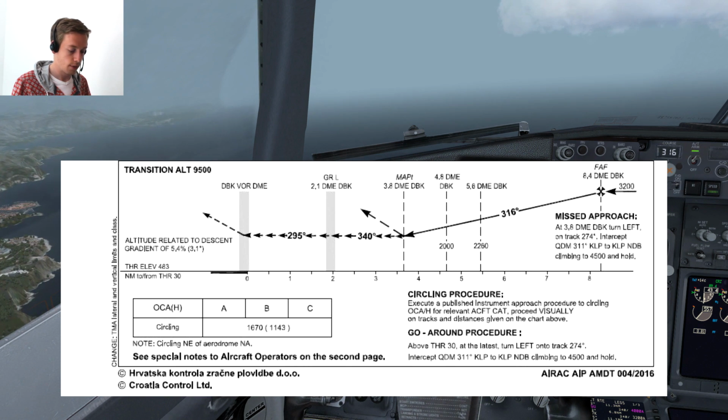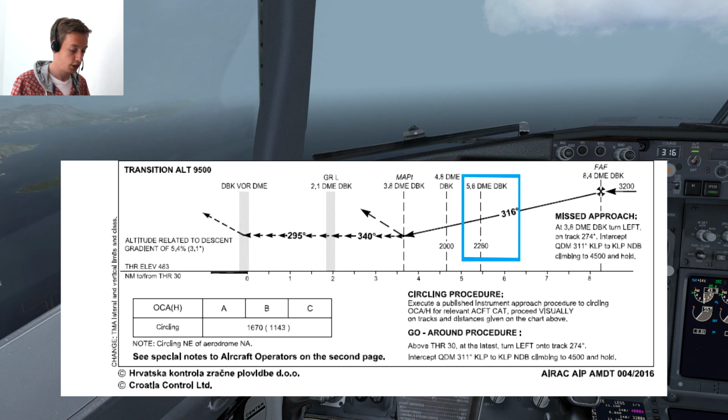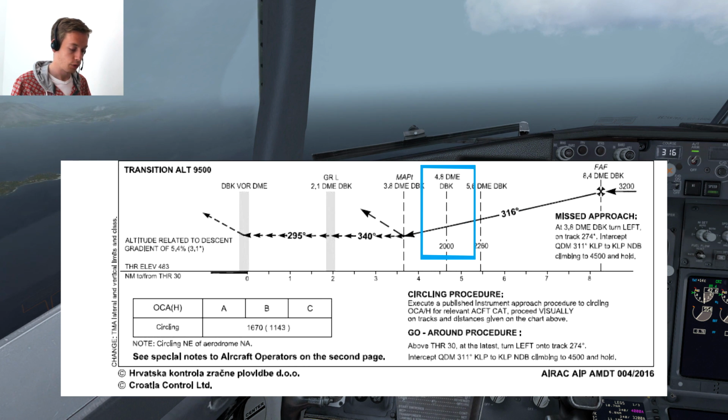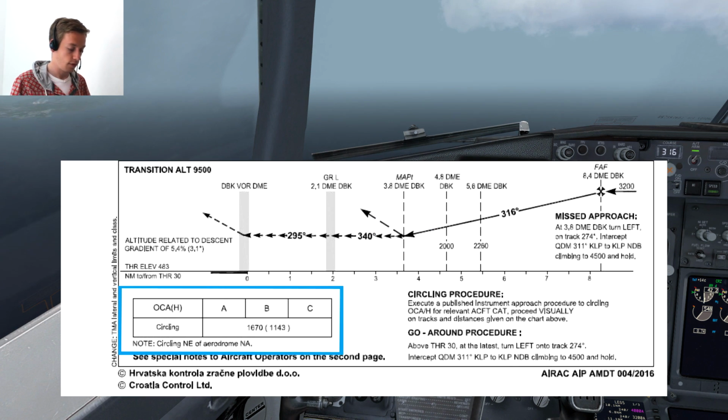So 316 inbound, and then the next point of reference where we're going to check our altitude is 5.6 DME, at which our altitude should be 2,260, and at 4.8 DME from Dubrovnik our altitude should be 2,000. Then the missed approach point at 3.8 DME is where we're going to decide whether to go around or not, and this minimum altitude is going to be 1,670 feet, as indicated by the obstacle clearance altitude.